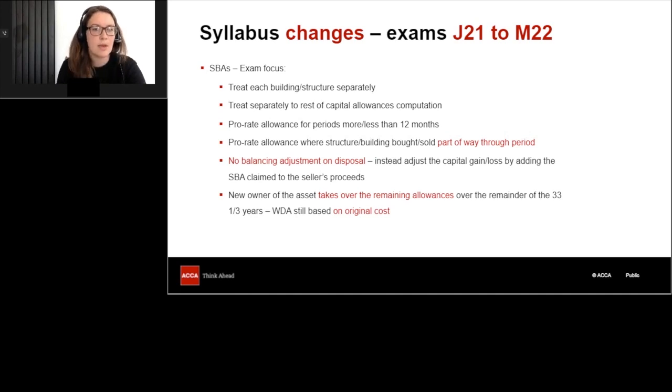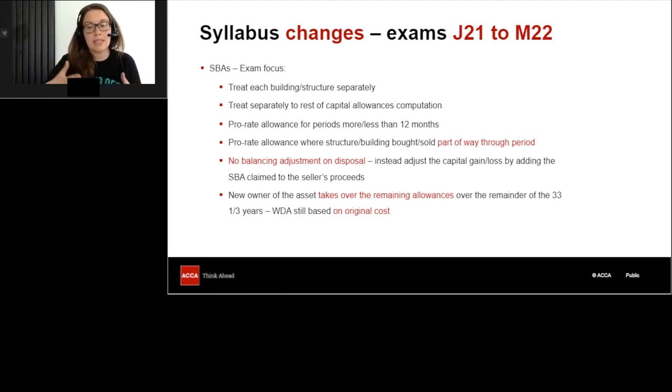So Amy's asked a question: does the 33 and a third years period, not 33 and a half, start again with Ang? No, it does not. That's a really good question. The building or structure has a 33 and a third year period in which somebody can claim SBAs, whether that be the original person or another owner down the line.